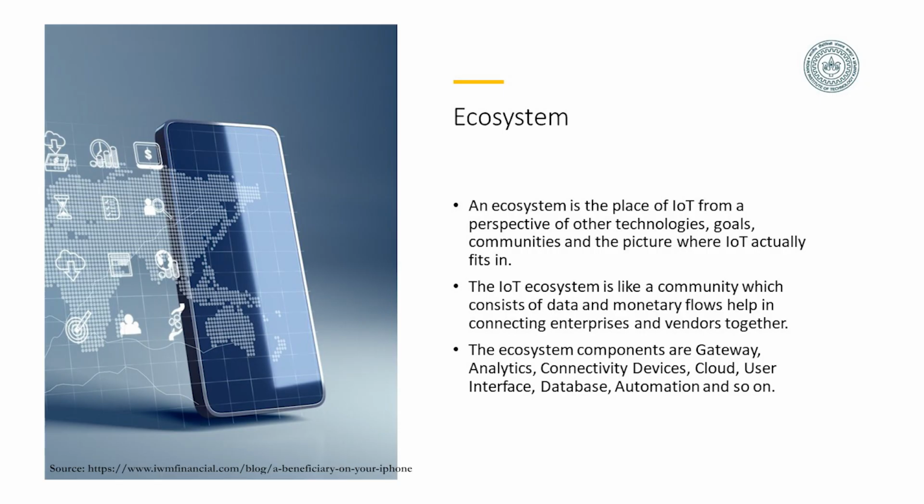So, in the IoT ecosystem you have all these elements: gateway, analytics, connectivity devices, the cloud, the user interface, the databases, and the automation that you are enabling, and so on and so forth.